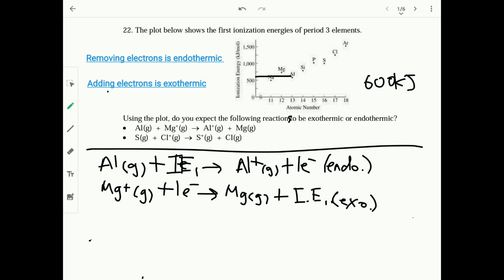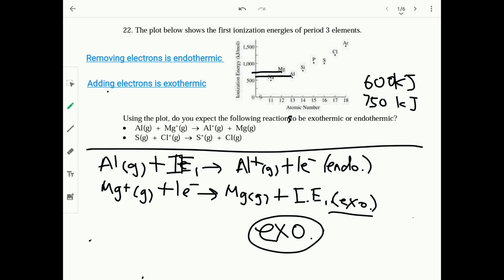And for the Mg, it's closer to 750. Since the value of the ionization energy of Mg is larger and it's exothermic, it makes more sense that the whole reaction would be exothermic.